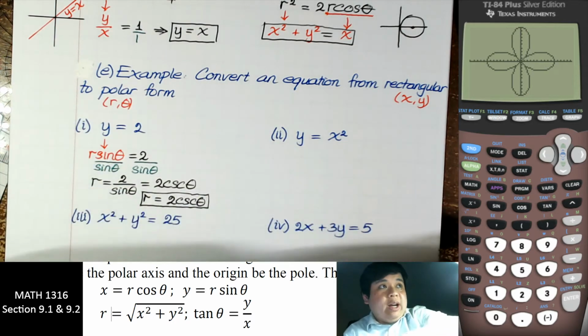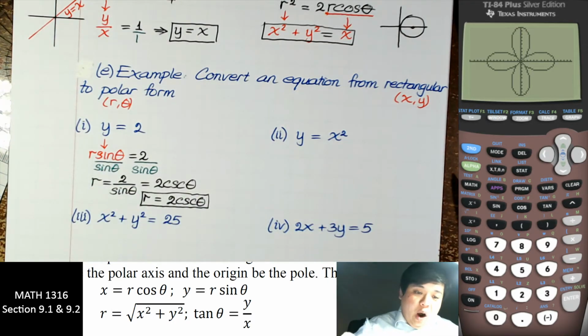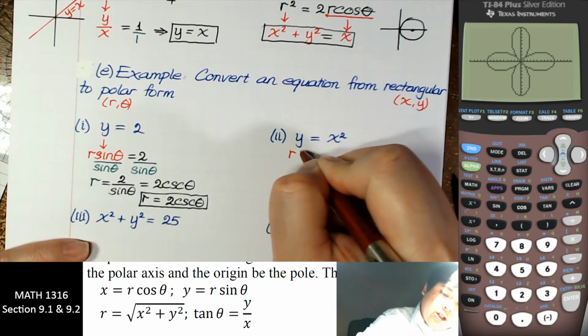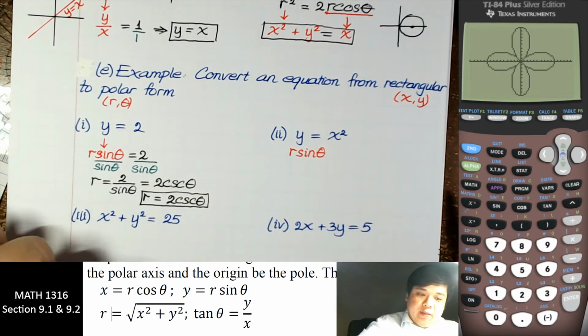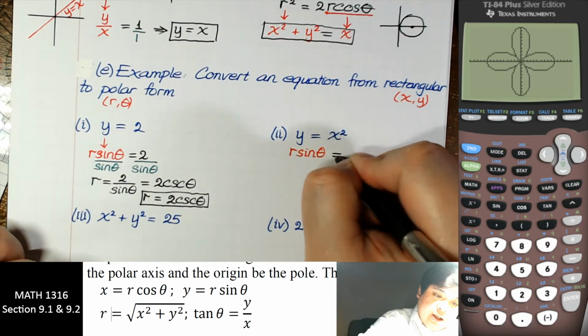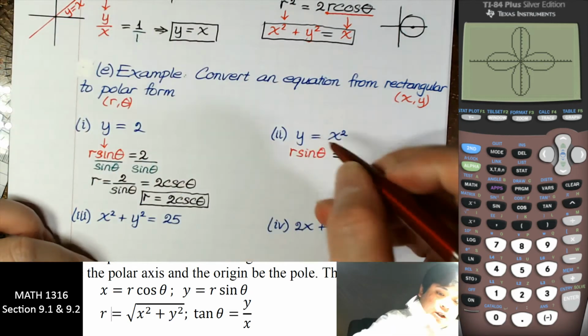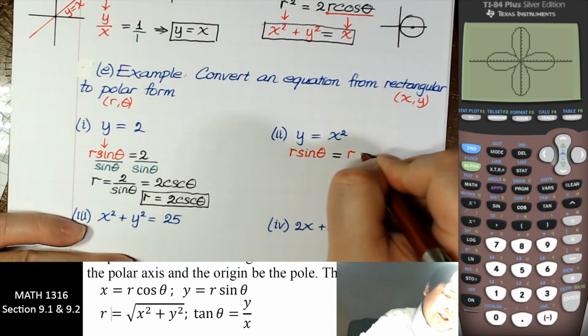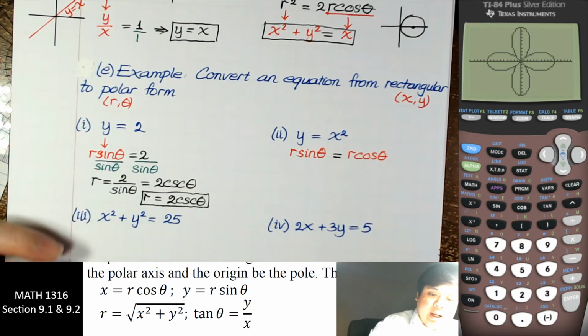Right, next, y equal to x squared. Similarly to what we have on that side, y is equal to r sine theta and x equal to r cosine theta. We have a square.